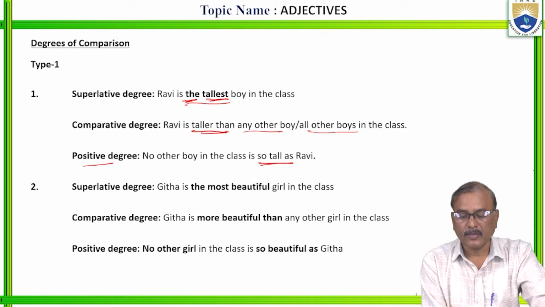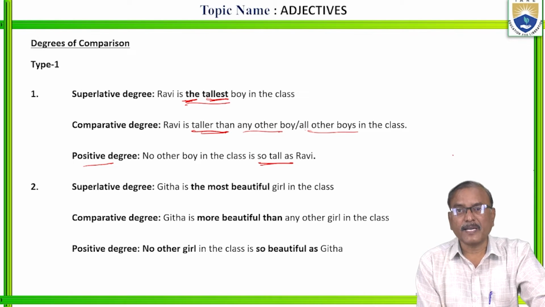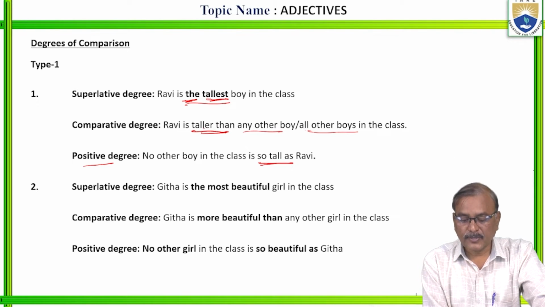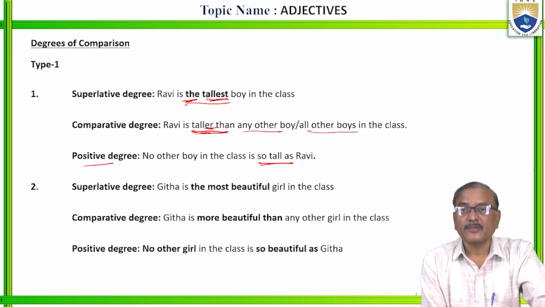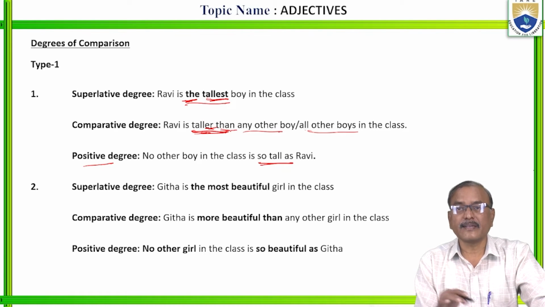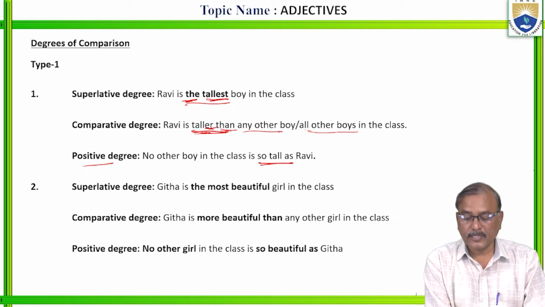Before superlatives, we have to keep the article "the." Next one. If it is a comparative degree, you have to change that adjective into the comparative form, that is taller. When you change it into taller, immediately it should be followed by than: taller than. You have to keep this one.